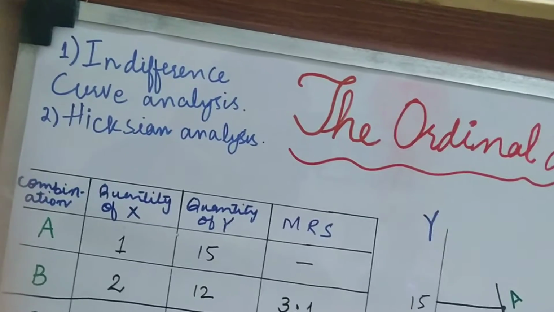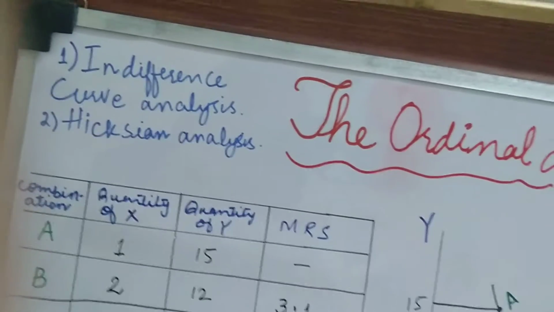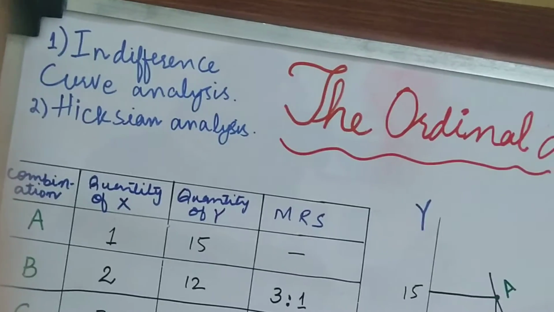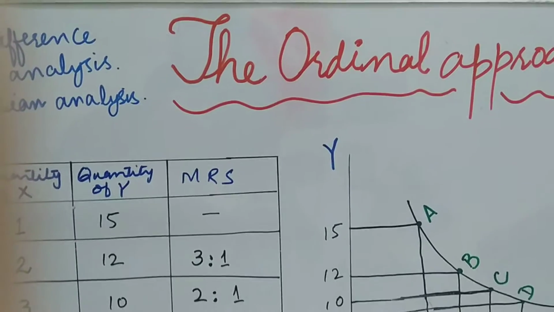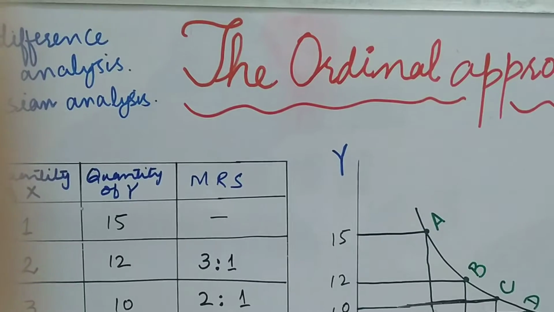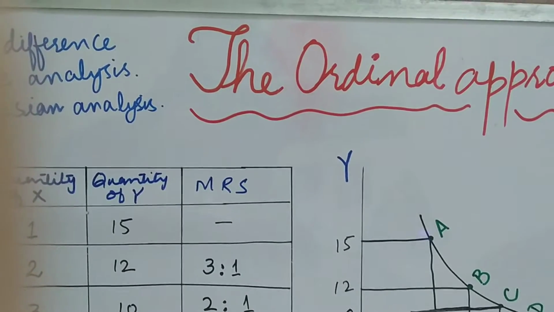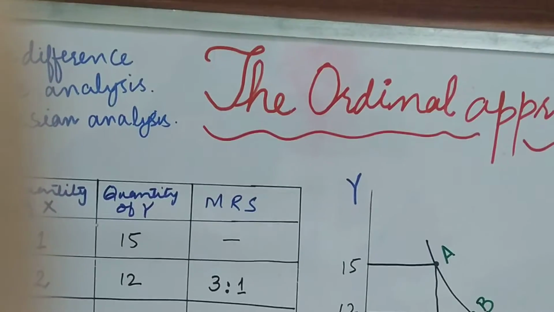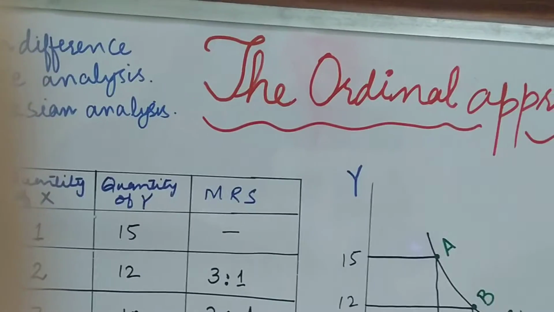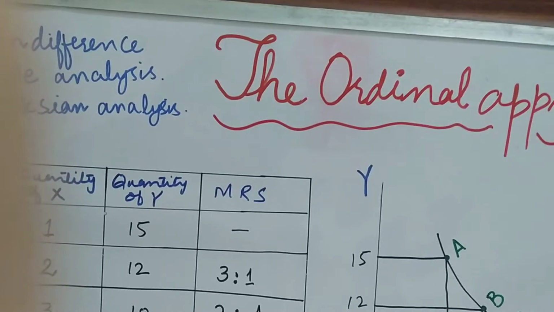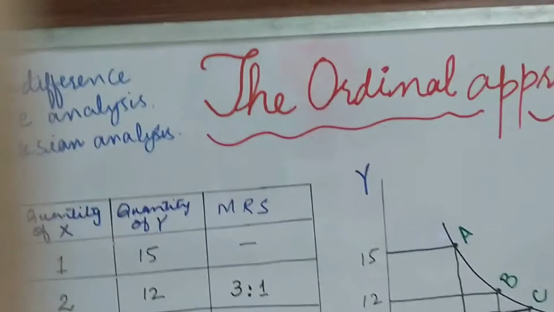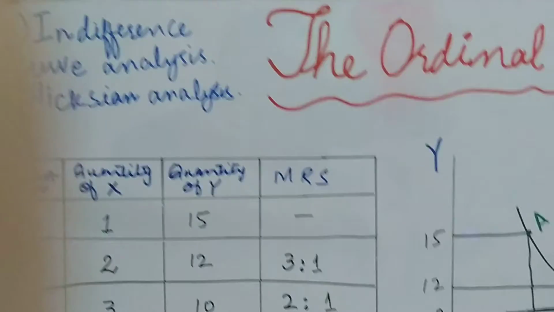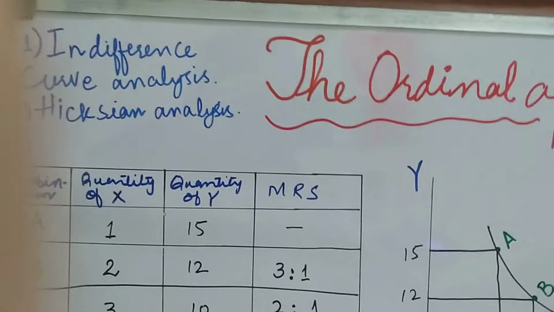So we use another approach, ordinal approach, in which we express the utility in ranks or in orders of preferences. For instance, a consumer can rank various combinations of goods and services in order of his preferences. Like if he is consuming two goods, apples and bananas, then he will be able to tell whether he prefers apples over bananas or bananas over apples.